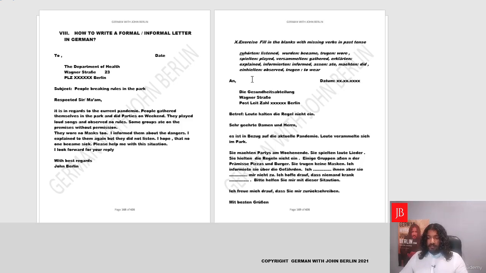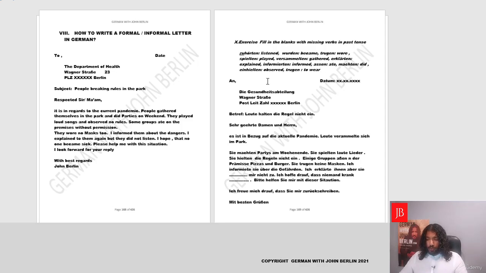So what is the verb to explain? It's erklären. Regular verb in the past, it becomes erklärten. So it's conjugated for first person. Ich erklärte ihnen, aber sie dash mir nicht zu, but they did not listen to me. The verb to listen, let's see if it is written here.